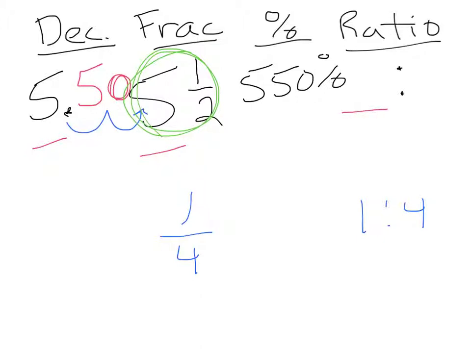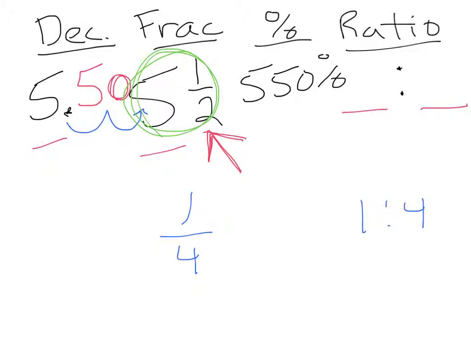So it should be something to something. So what I have to think about is, how do I turn 5 1/2 to just 2 numbers? Right now it's 3. It's got a 5, a 1, and a 2. Thinking back to our multiplication and division of fractions, that is exactly what we did in order to multiply fractions. We had to turn that into an improper fraction, and that's what we're going to have to do here.